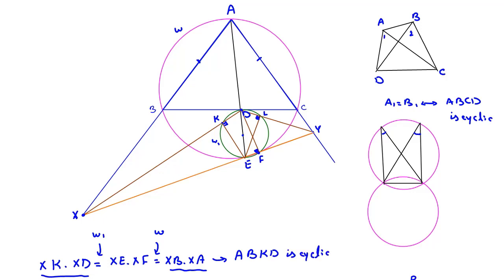If we use the same thing from Y, we can say YL times YD because of omega 1, and we call it power of point Y with respect to this circle, okay? That is the definition. YL times YD equals what times what? YF times YA. And if we consider omega, YF times YE equals YC times YA. Again, because of this one and this one, similarly, we can say which quadrilateral is cyclic? ACLD.